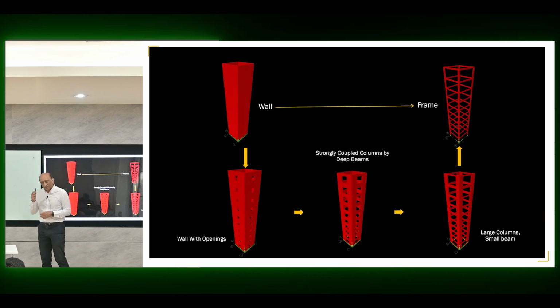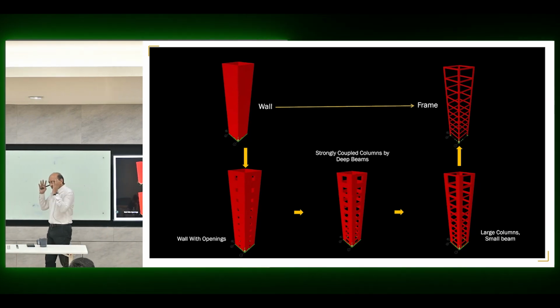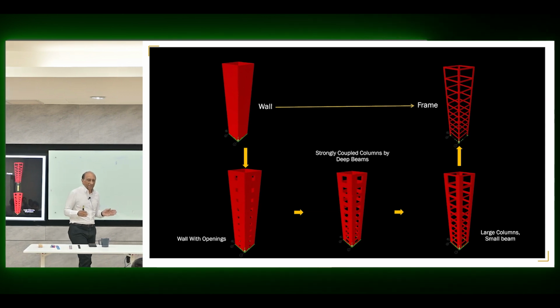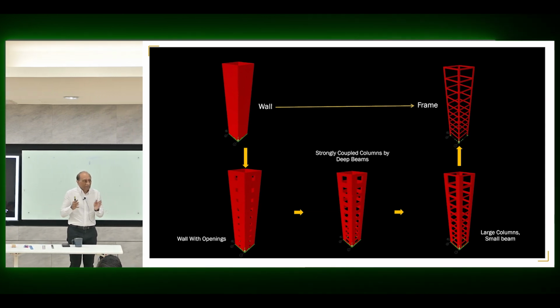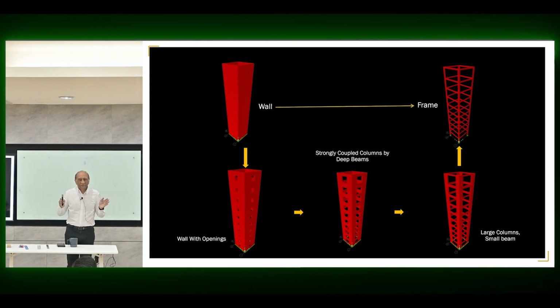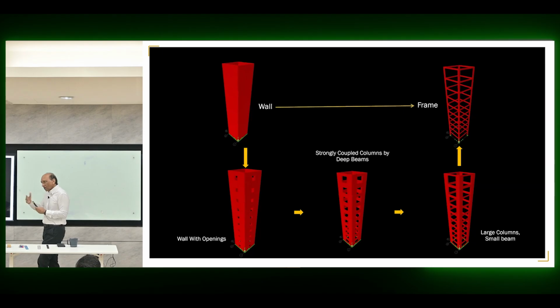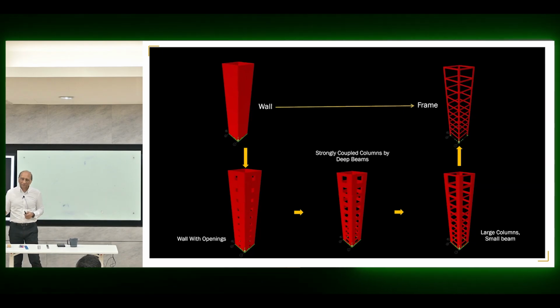So please, when you're developing structural systems, think on a continuous scale rather than on discrete scales, right? Think of what is the origin of this thing. How can I look at it? If I look at it as a frame, I'm looking at it in a different way. Can I look at it as a wall with openings or something like that, right? So this definition of column and wall is now actually changing.